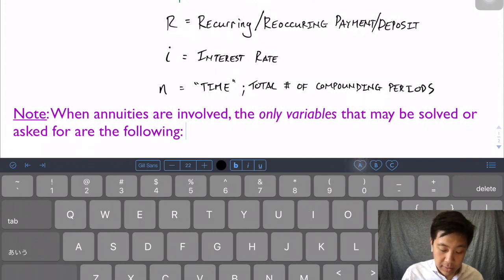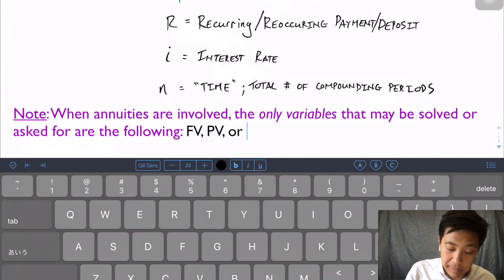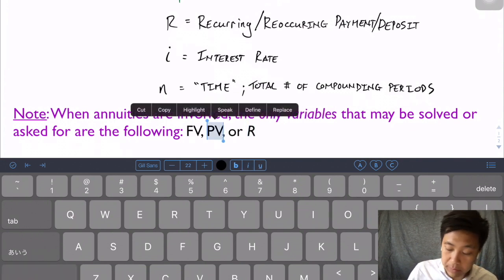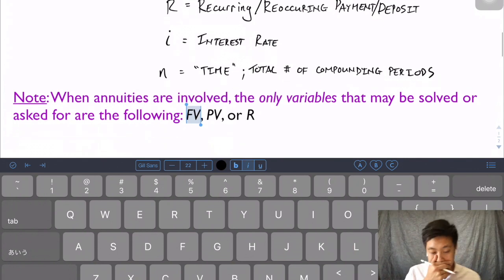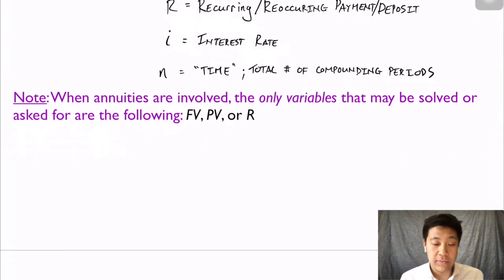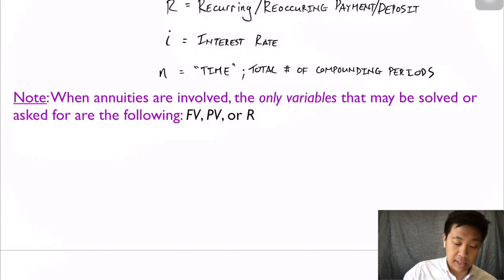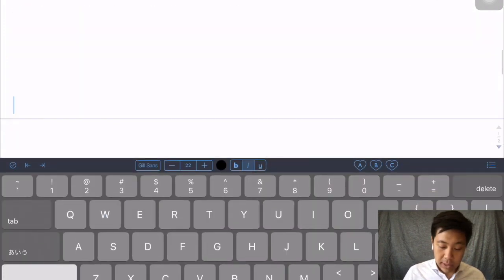There's the future value, the present value, or the recurring payment. And I'll italicize these so that they're variables. Okay? And that wraps up the introduction of the annuities. We're going to do 2 examples, one of a future value annuity and one for a present value annuity, and I'll notate that when I write the examples as well. So here comes our first example. I'll call this example 1.